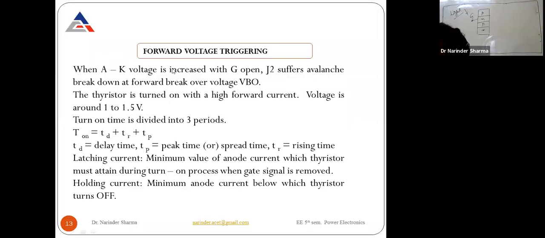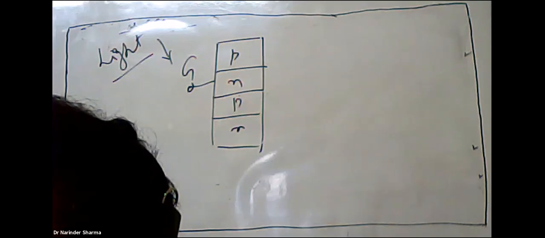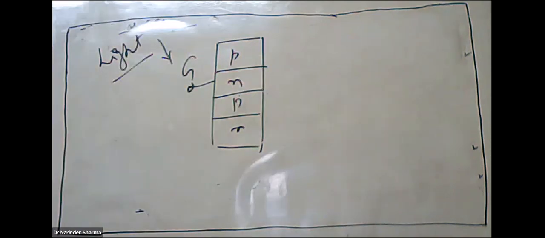When the anode to cathode voltage is increased and the gate is kept open, J2 suffers avalanche breakdown at the forward breakover voltage, that is VBO. You can see this is J1, J2, J3.